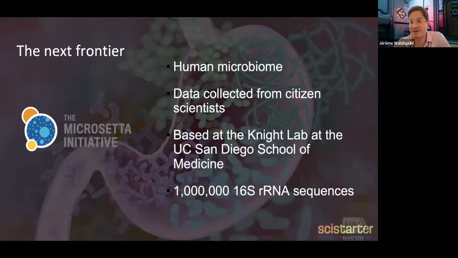Philo was just the beginning. What we really wanted to do is to address a next frontier and apply this technology to, in particular here, try to sort and analyze data from the human microbiome. And now we're speaking about millions of sequences. We're speaking about massive amounts of data that outpace by several orders of magnitude what we had with Philo.